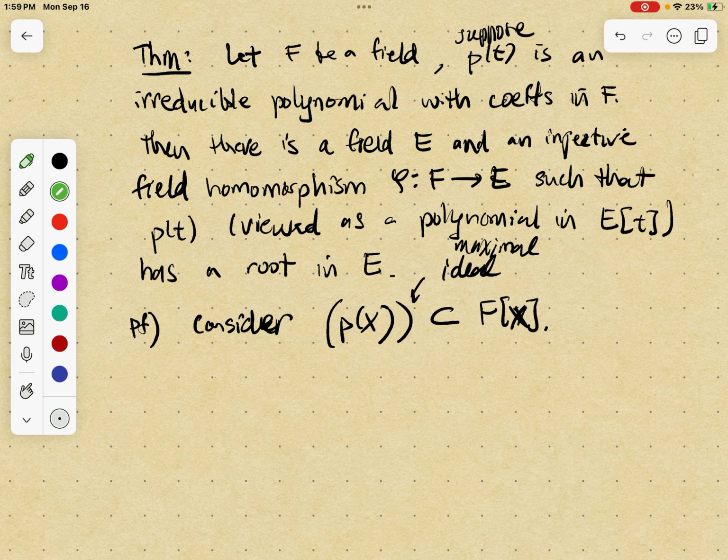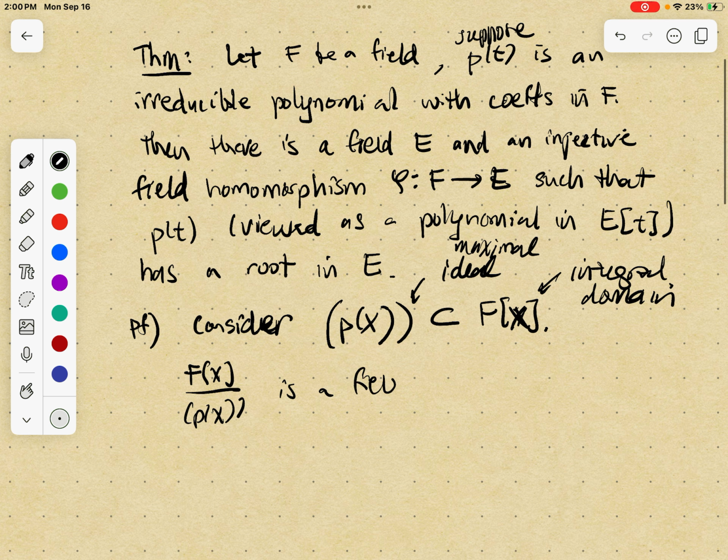F of X is an integral domain. And so the quotient ring is actually a field. So this is a field, and this will be our E in the theorem.